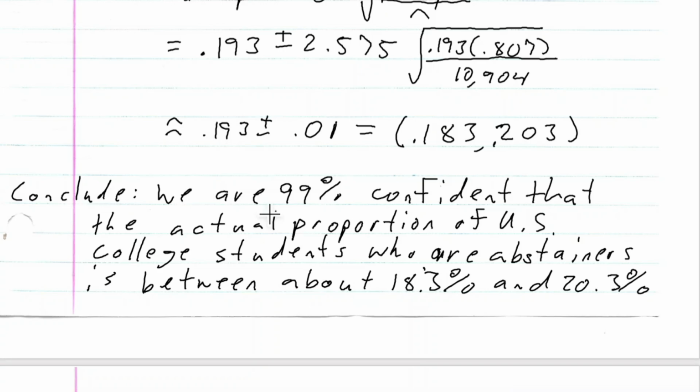Okay, so we are 99% confident that the actual proportion of U.S. college students who abstain from drinking is between about 18.3% and 20.3%.